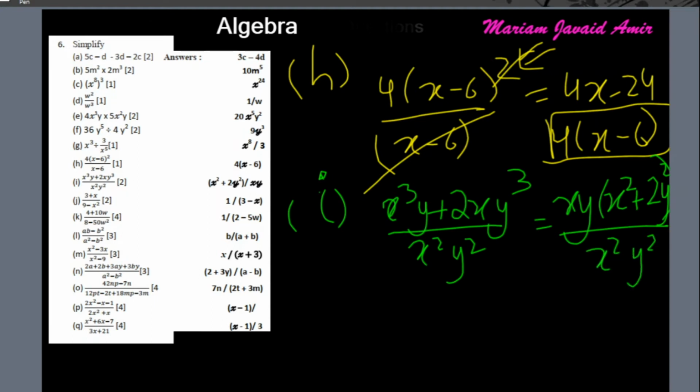This x will cancel out this square, this y will cancel out this square, and we're left with x square plus 2y square over xy. Now no further cancellation is possible because we have a positive sign in between. If this were a multiplication sign, then we would have been able to cancel the numerator and denominator. Not here.